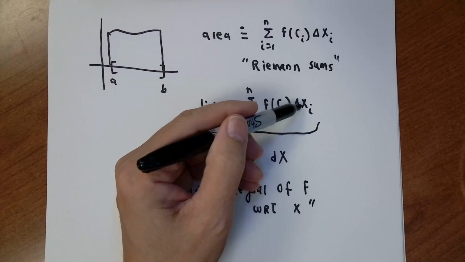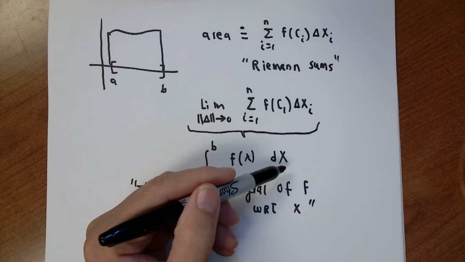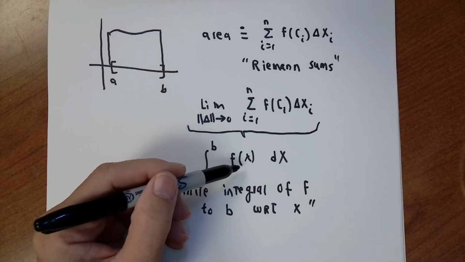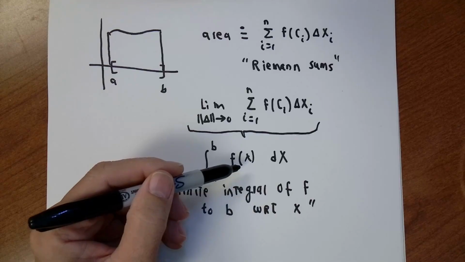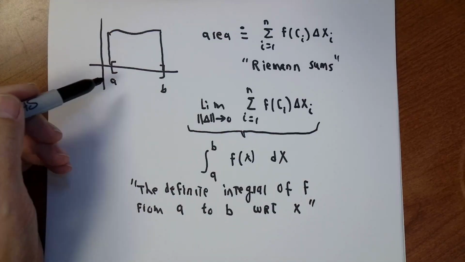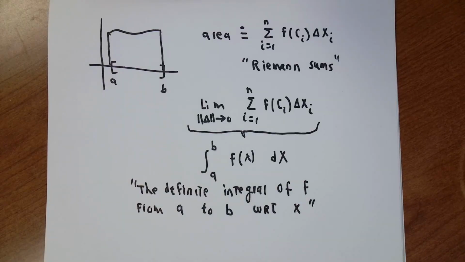Instead of writing delta x number I, I'll write dx at the end. Instead of writing f at Ci, I'll write f of x, and then the only other thing I have to specify is the relevant range of x values, which in this particular situation goes from a to b, which are my limits of integration.